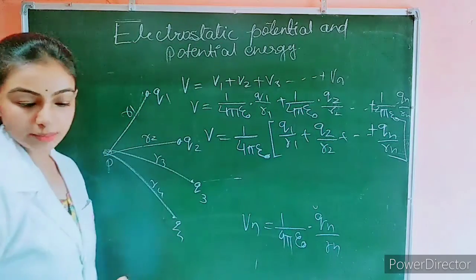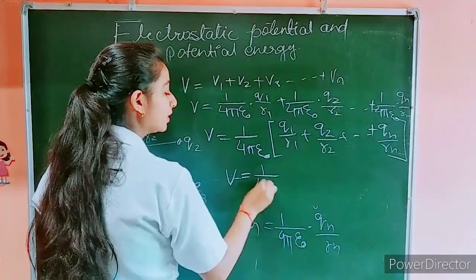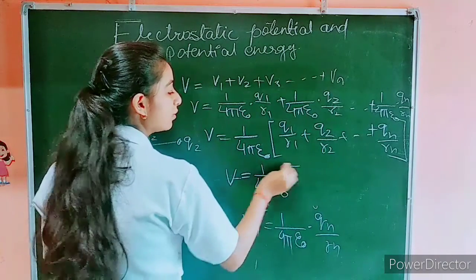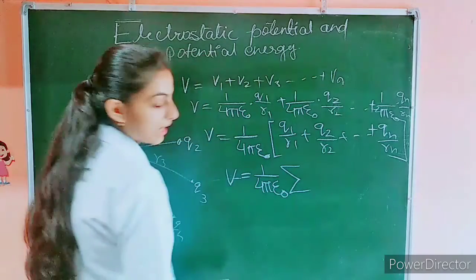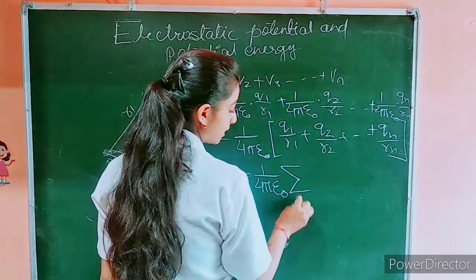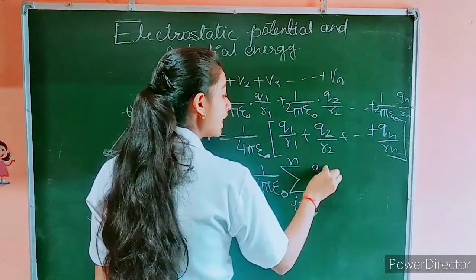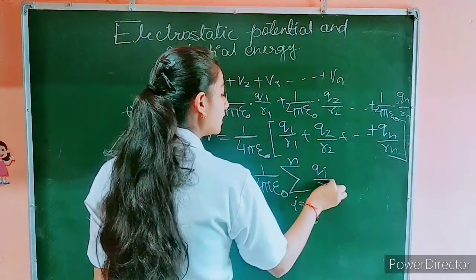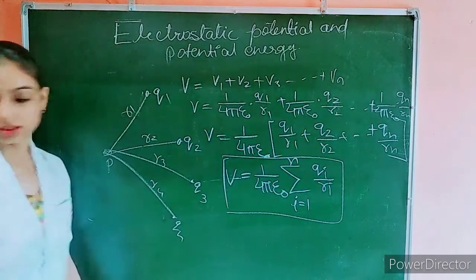Now taking summation, we can write V is equal to 1 upon 4 pi epsilon 0 summation, i equals 1 up to n, Qi upon Ri. This is for the system of charges.